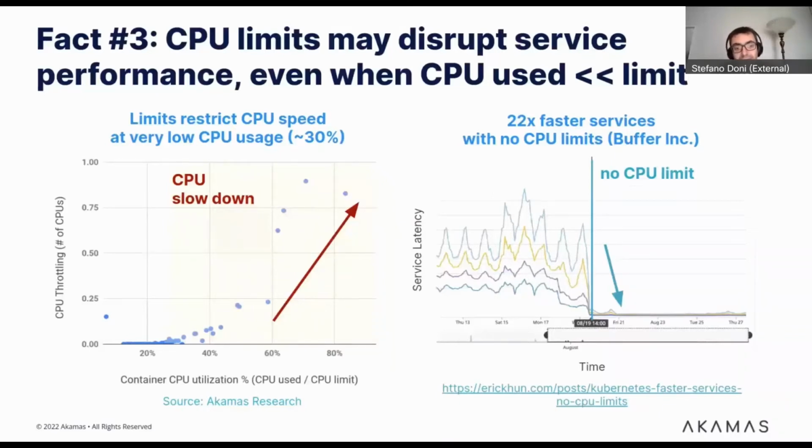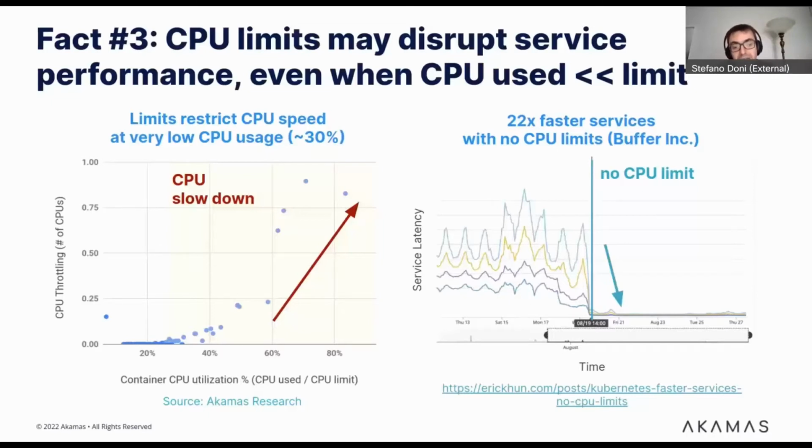So we started this process in our labs, and we did lots of benchmarking with different applications to understand when the CPU throttling starts to happen, also studying different kinds of applications with respect to the CPU limits. We measured the CPU usage, with an increasing level of CPU usage with respect to the limit, and at the same time, we measured CPU throttling.